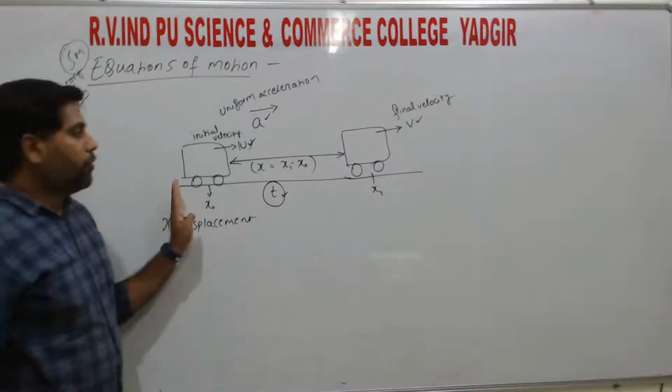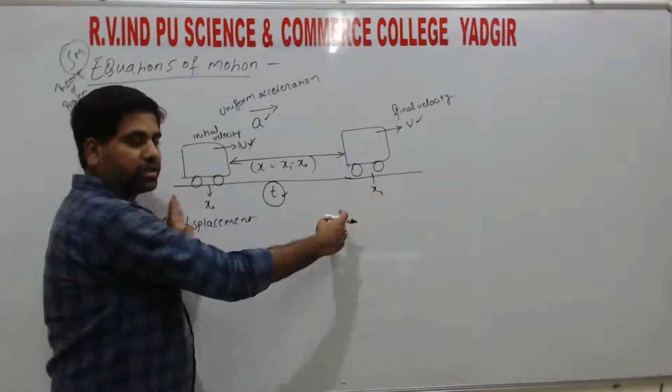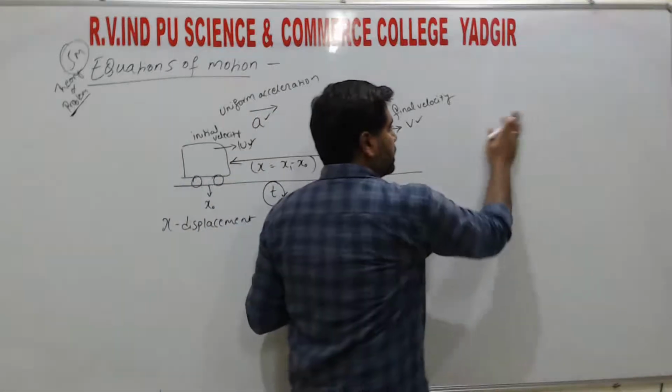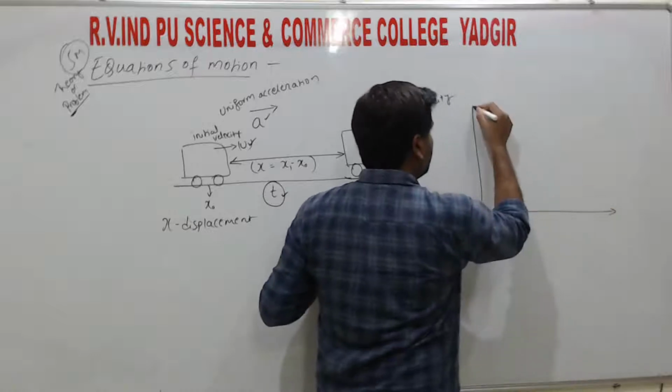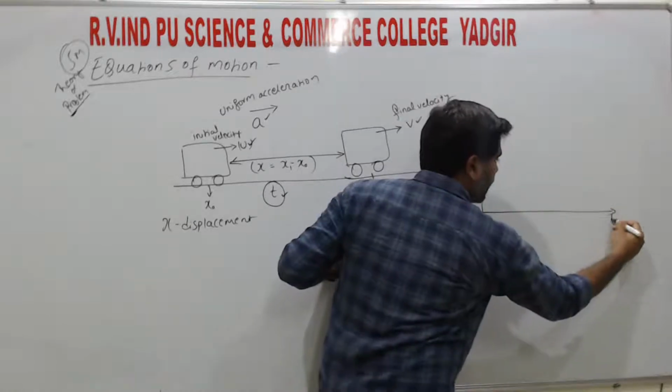Now we need to convert this explanation into the graphical method. For that we need to plot the graph, by plotting the v-t graph.